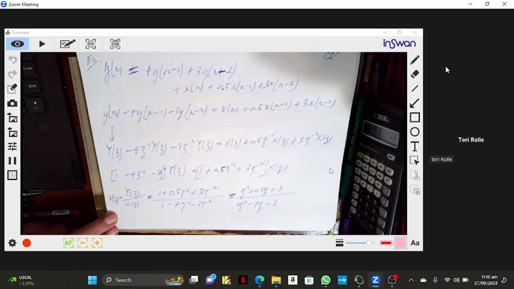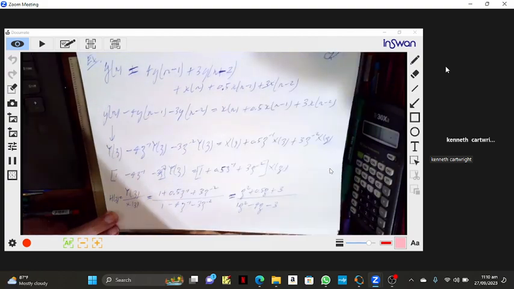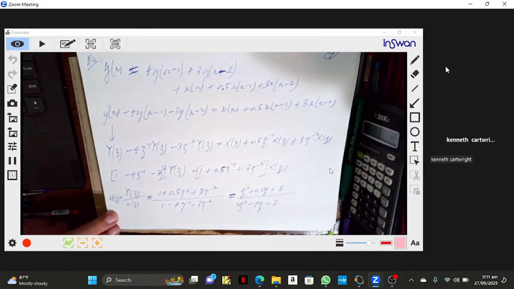Dr. Cadre, so we cancel out those z minus 2s or something like that? Oh, we did for the standard form. I multiply the numerator and the denominator by the same thing. What was that same thing? What did I multiply by?